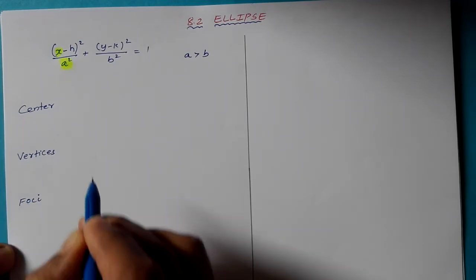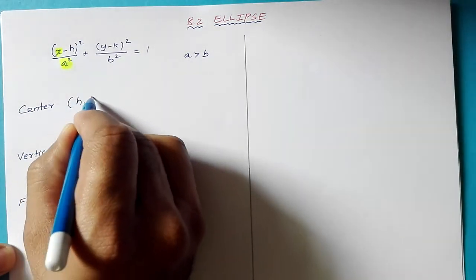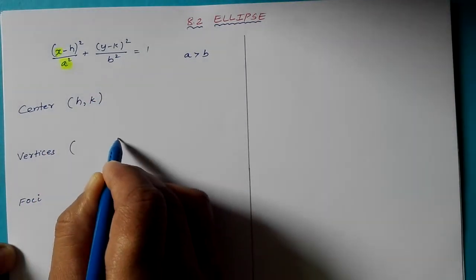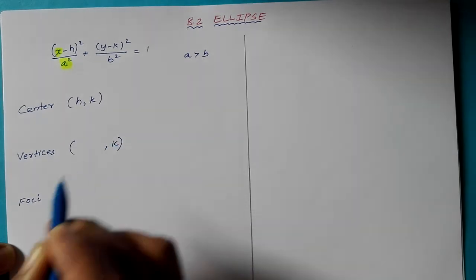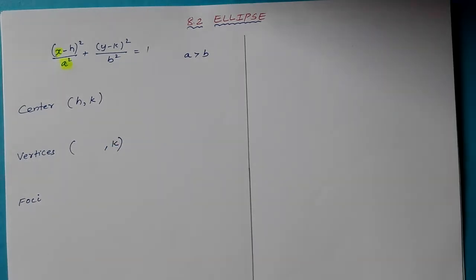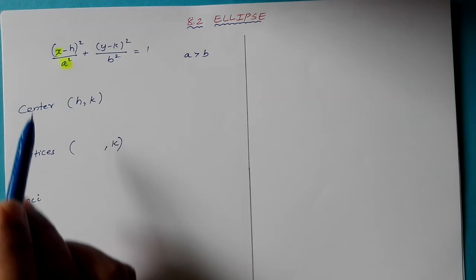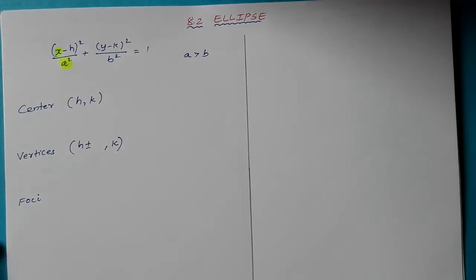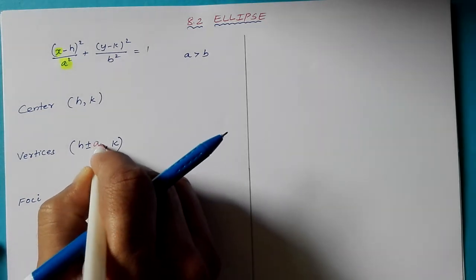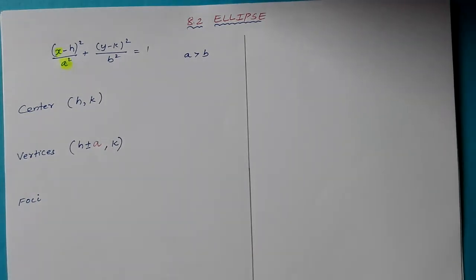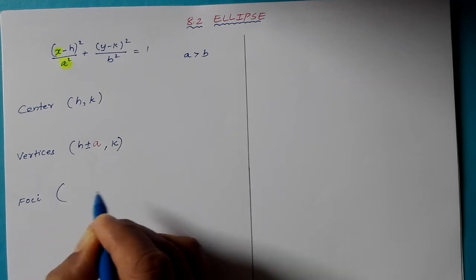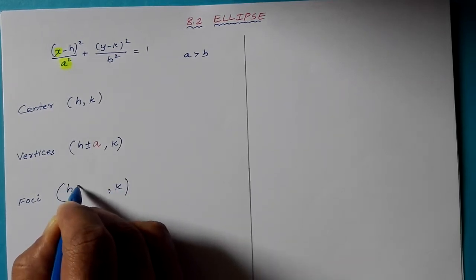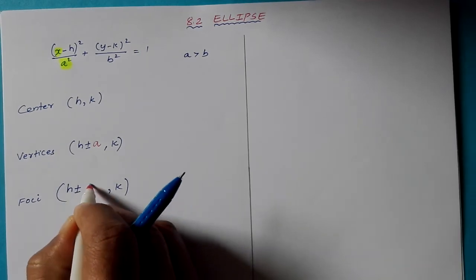The center is (h, k), and the vertex, where k will be the same, there will be a change in x, so I write it as h plus or minus a, and the focus is h plus or minus c.